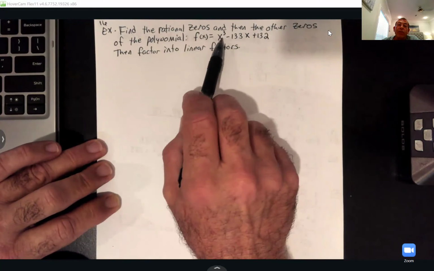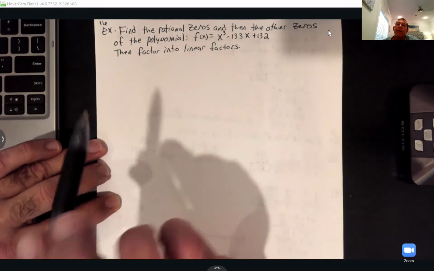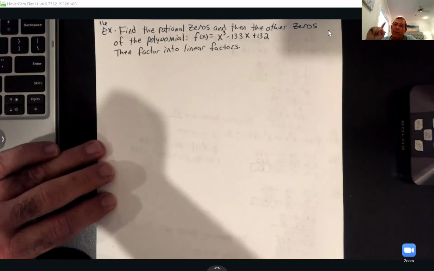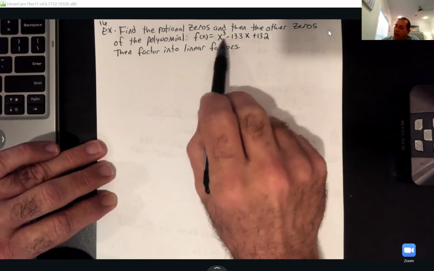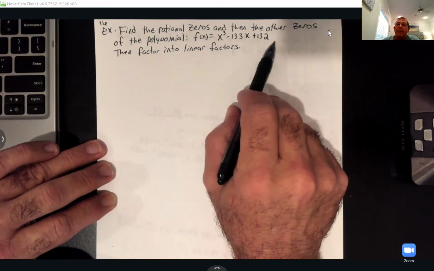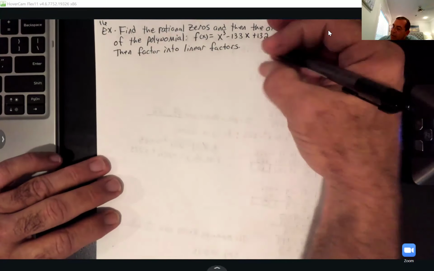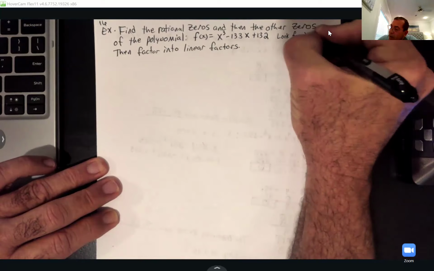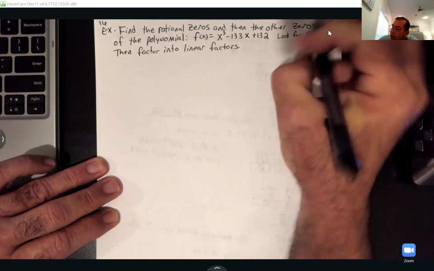So there's going to be 3 zeros because that's the x to the third, okay? Now I'm going to show you a way to find at least 1 zero on these. And that's using our graphing calculator. I'm going to graph this, and we're looking for x-intercepts on the graph.